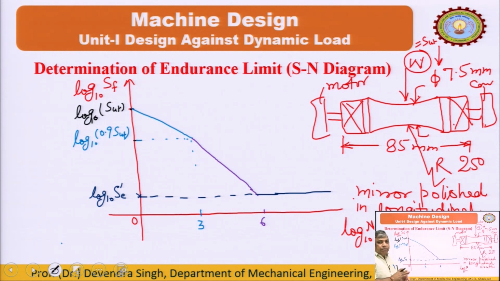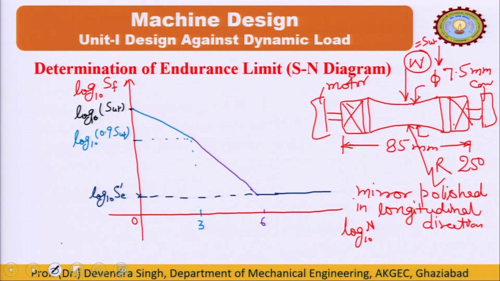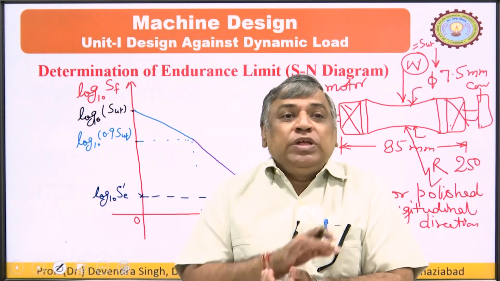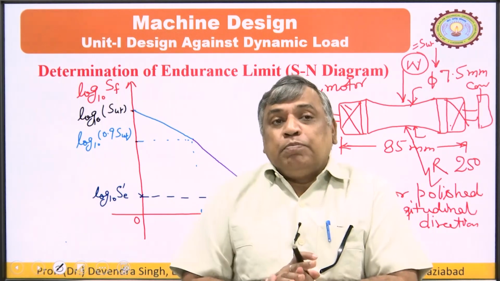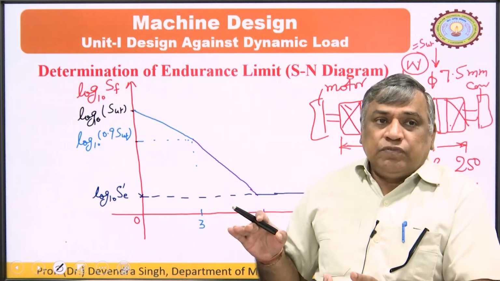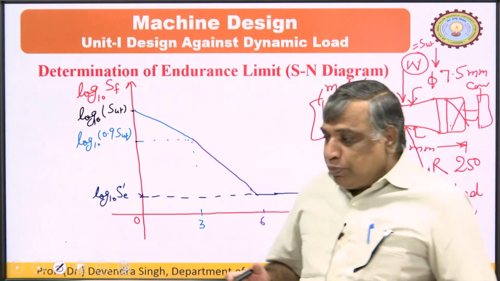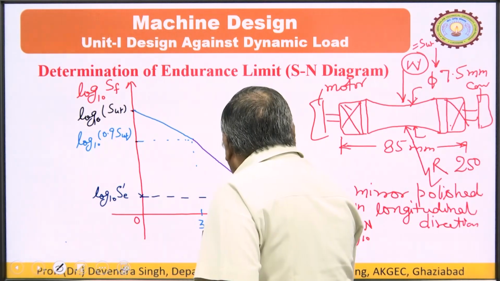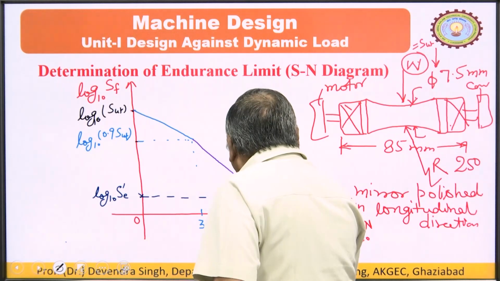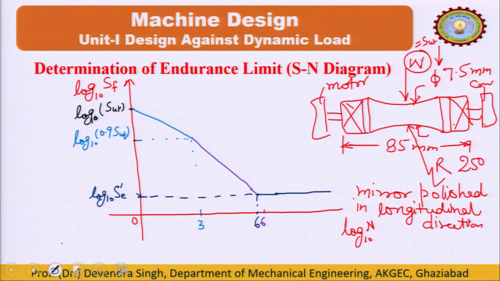You can define the endurance limit as the maximum completely reversible stress which can be induced in the material without any failure for infinite life. The life of the component beyond 10 to power 6 will be considered as the infinite life.